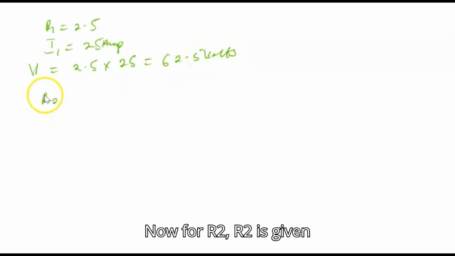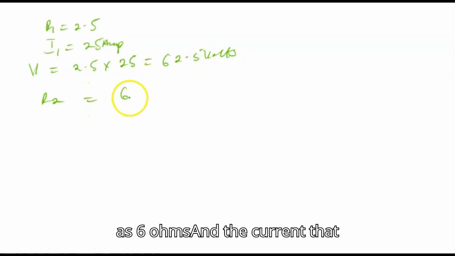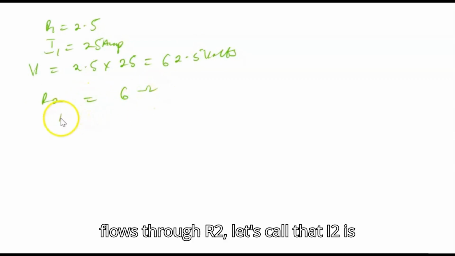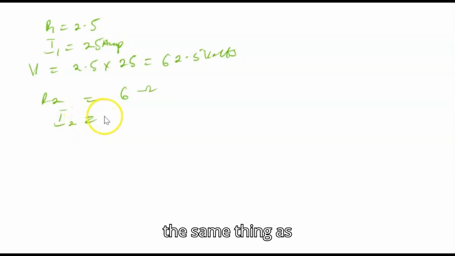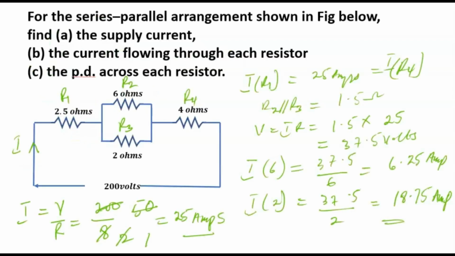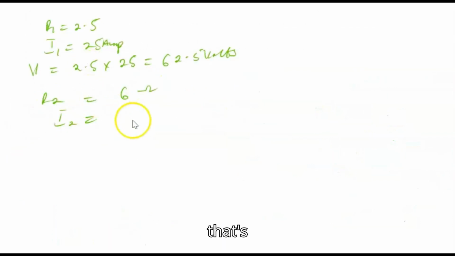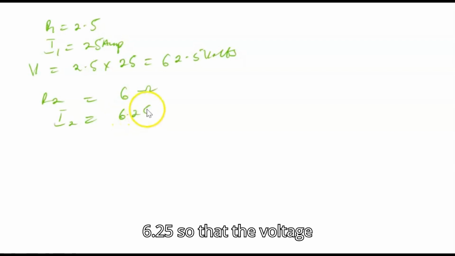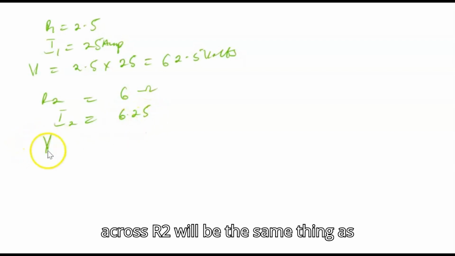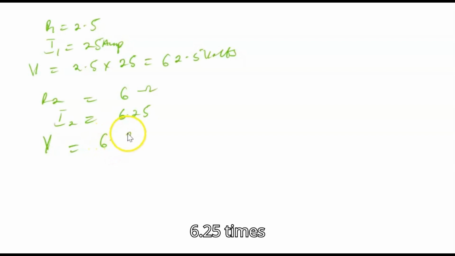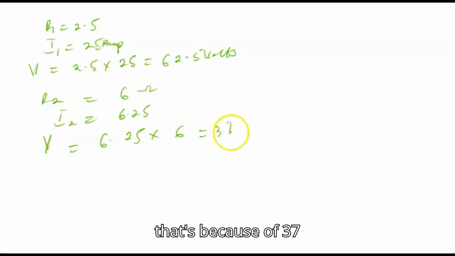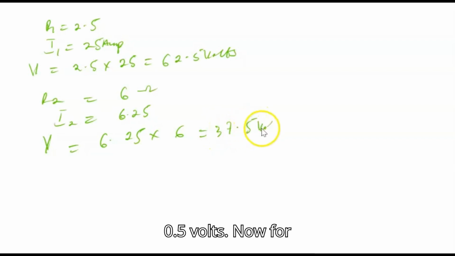Now R2 is given as 6 ohms, and the current that flowed through R2, let's call that I2, is 6.25. So the voltage across R2 will be 6.25 times 6, which is equal to 37.5 volts.